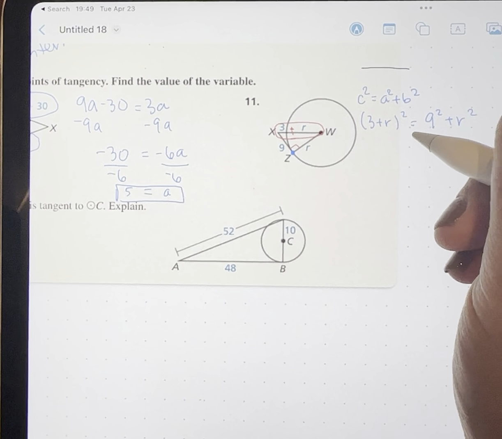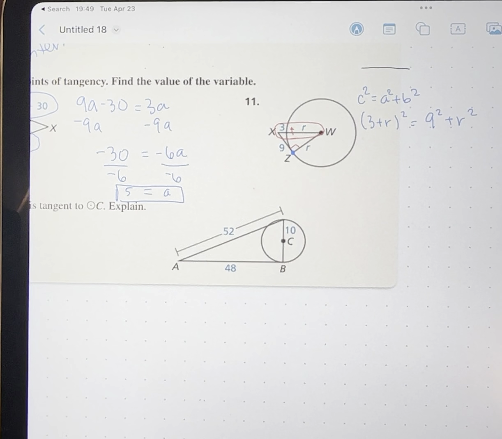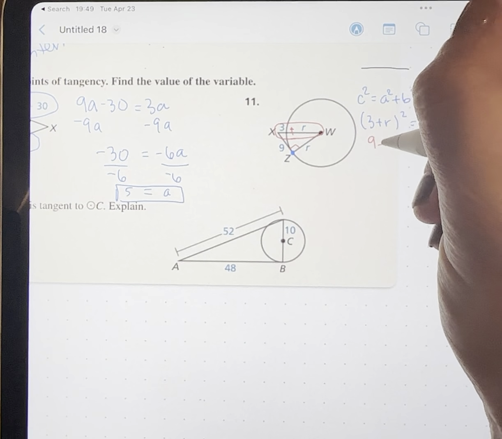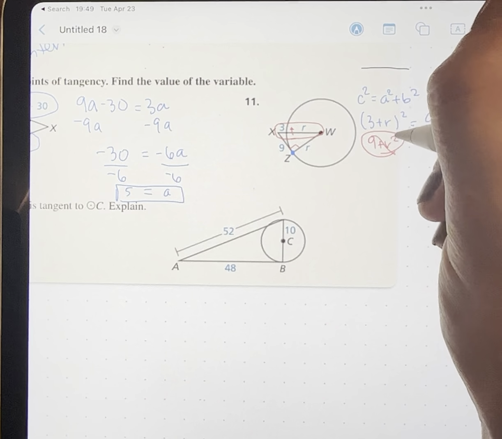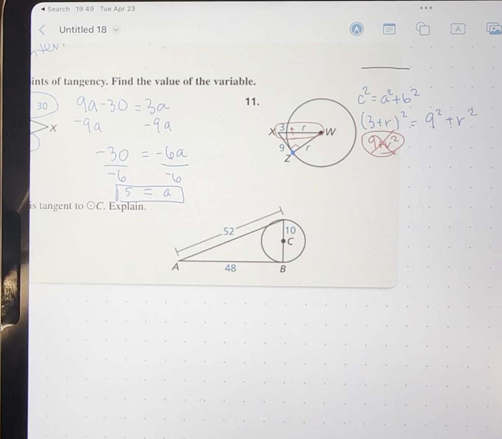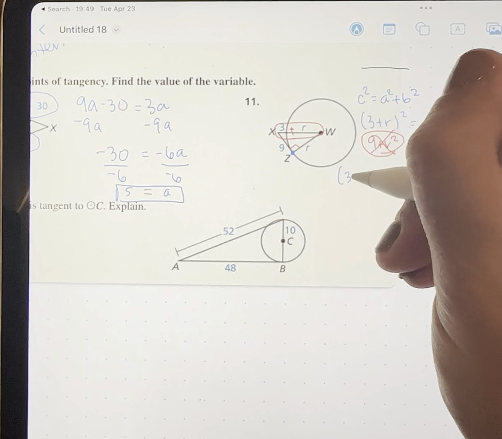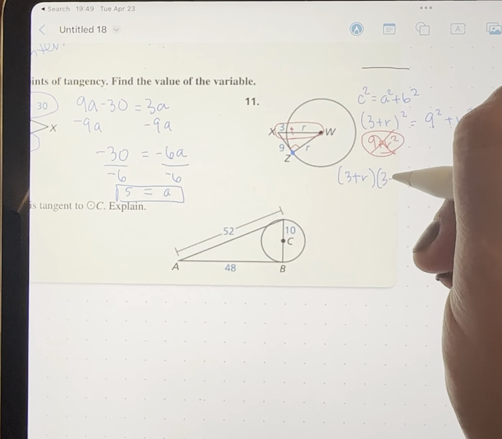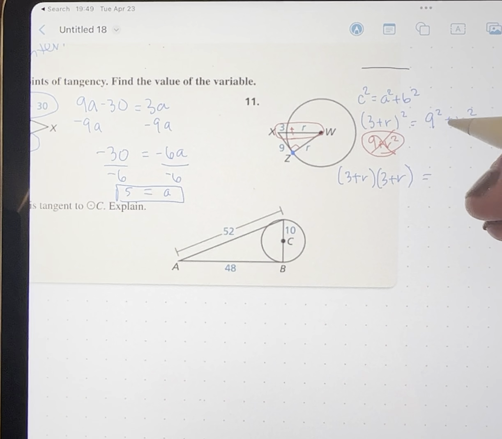Now (3 plus r) squared is not 9 plus r squared. It's not, okay? We must do 3 plus r times 3 plus r. And then 9 squared is 81 plus r squared.